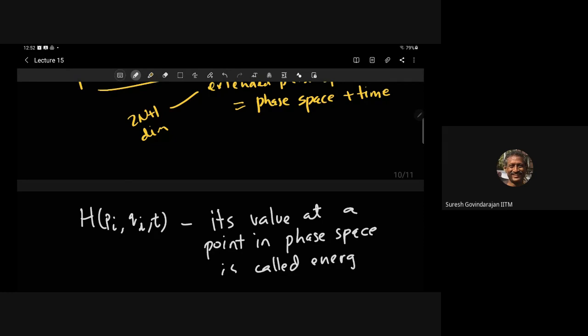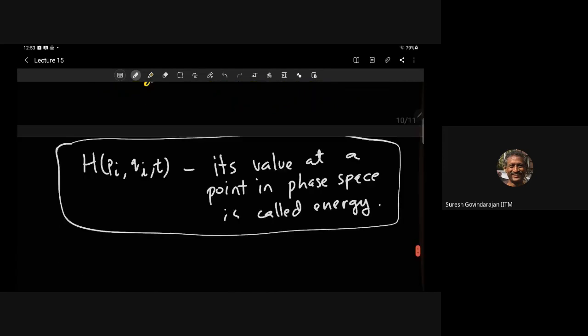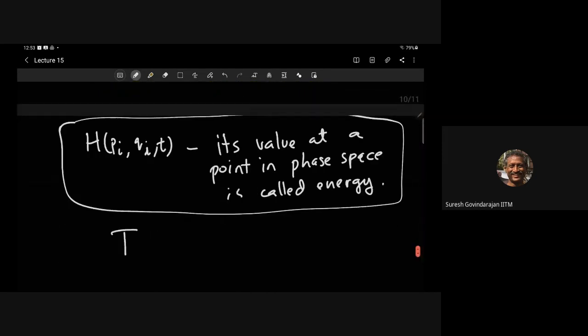So this is just a standard definition, but it's also an example of an observable. Similarly, we could say T, some function only of p, something like the summation over i of p_i squared upon 2m. For instance, this could be the total kinetic energy. That's an observable.